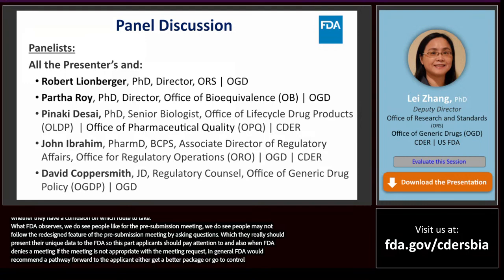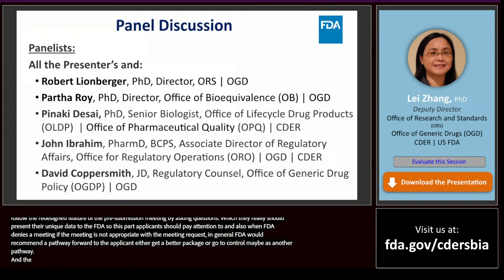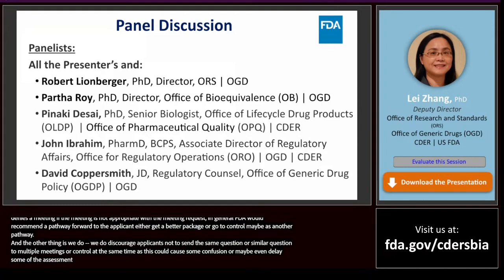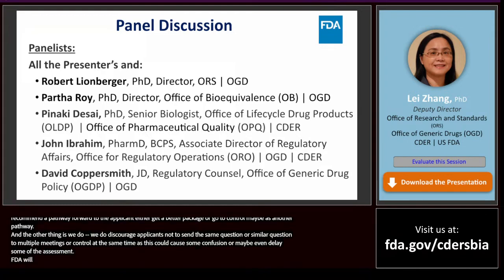And the other thing is, as I mentioned, we discourage applicants from sending the same or similar question to multiple meetings or controls at the same time, as this could cause some confusion or maybe even delay some of the assessment. FDA will deny duplicative requests and will only address questions within the proper venue.